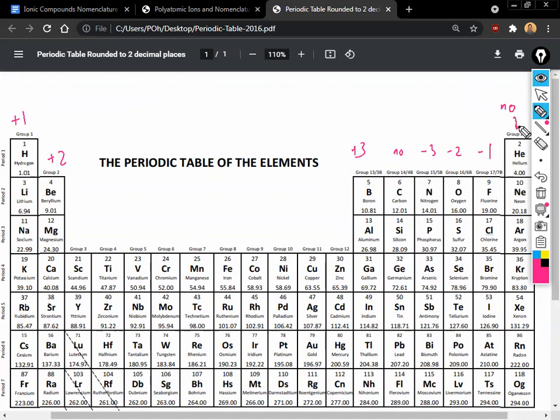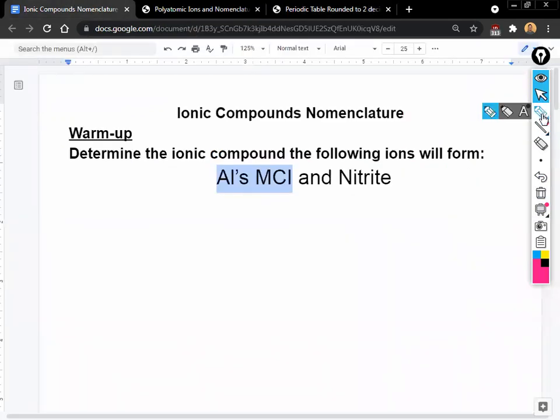Memorize this or write it down, because you will need it for all of our assignments and the exam for this unit. Since aluminum is in this column, aluminum's MCI is +3. So go to your notes and write aluminum is +3.